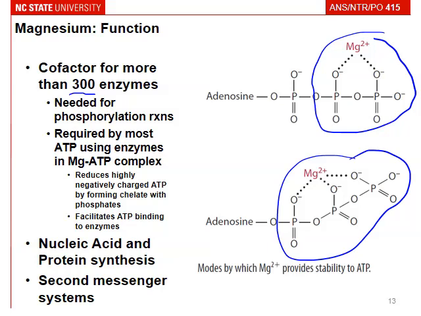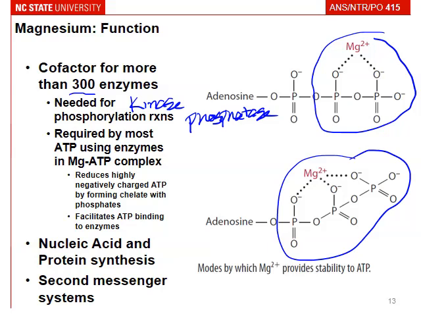In addition to it being required for more than 300 enzymes, with this, all of our kinases and phosphatases are going to be utilizing magnesium. So without magnesium, these enzymes are unable to work because we can't stabilize that ATP.